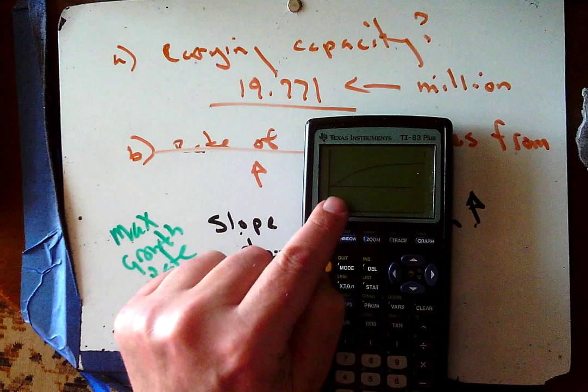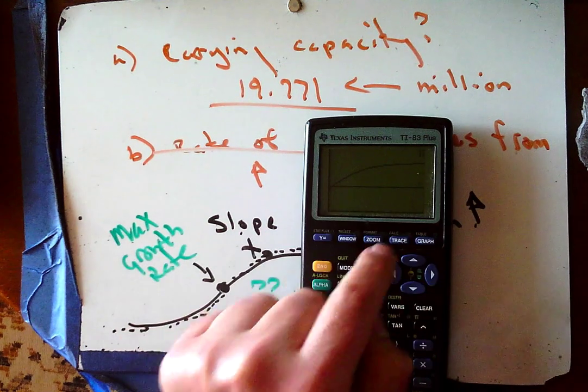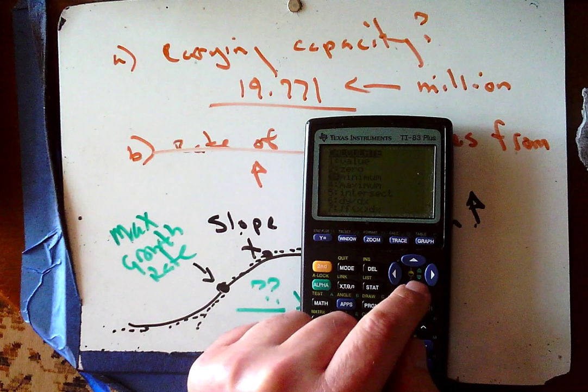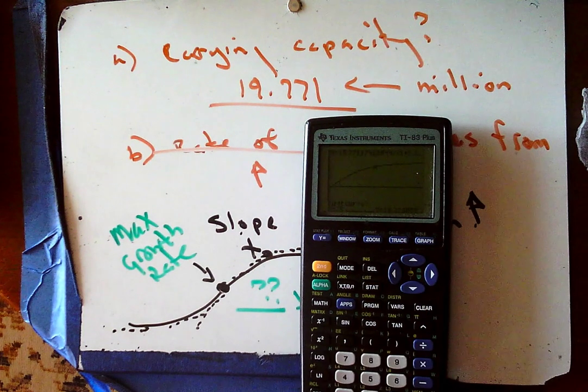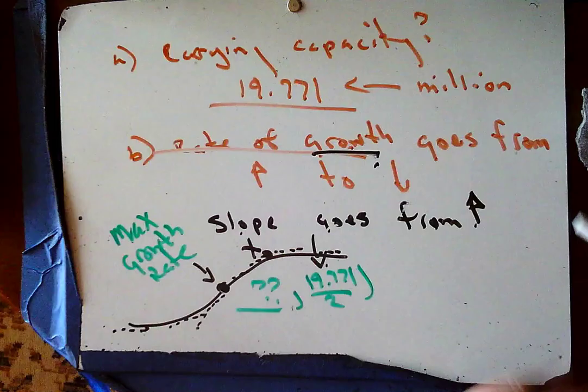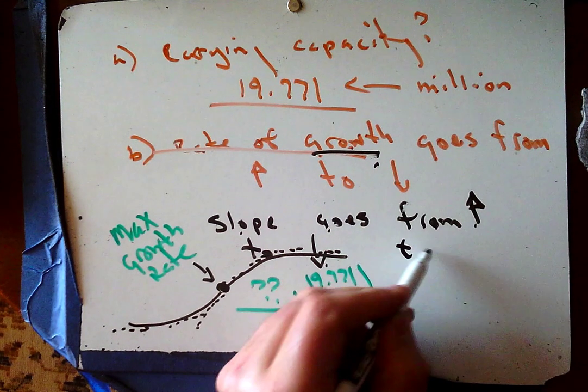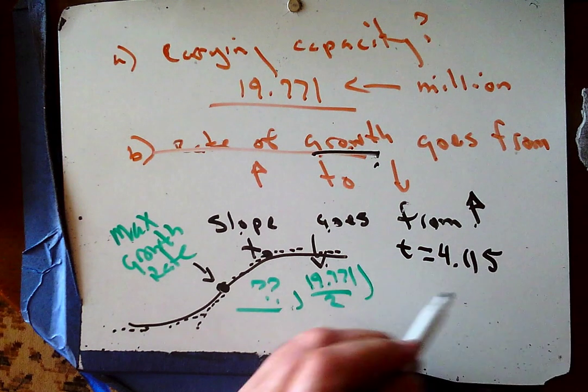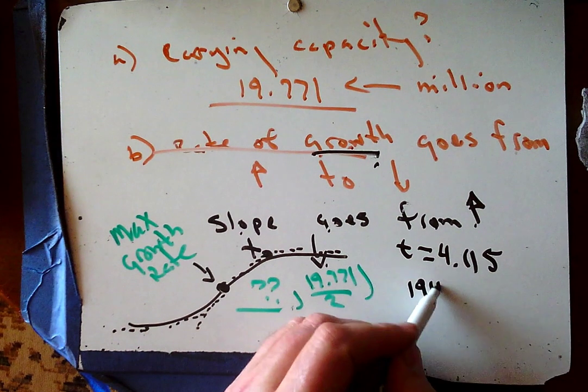And there's our L over 2. Second, calculate, intersect. 1, 2, 3. And isn't this interesting? The maximum growth occurs when t equals 4.115, which was 1914.